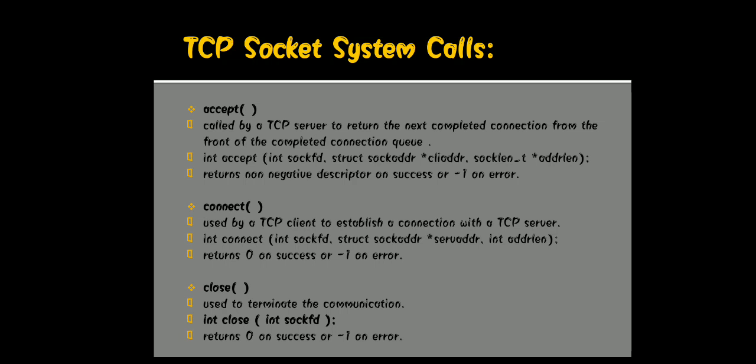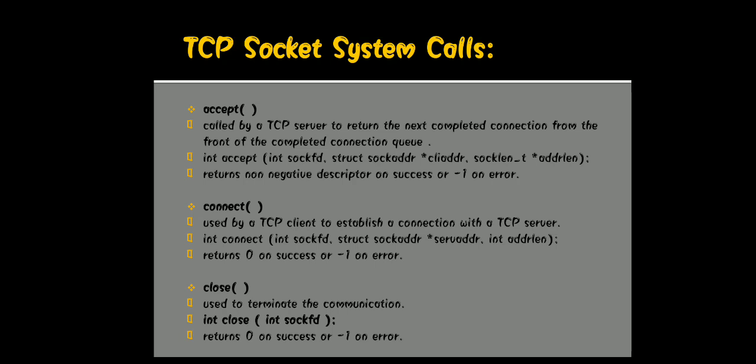Connect system call is used to establish a connection with the TCP server. It accepts 3 arguments: socket descriptor, pointer to server address and length of address. It returns 0 on success and -1 on error.